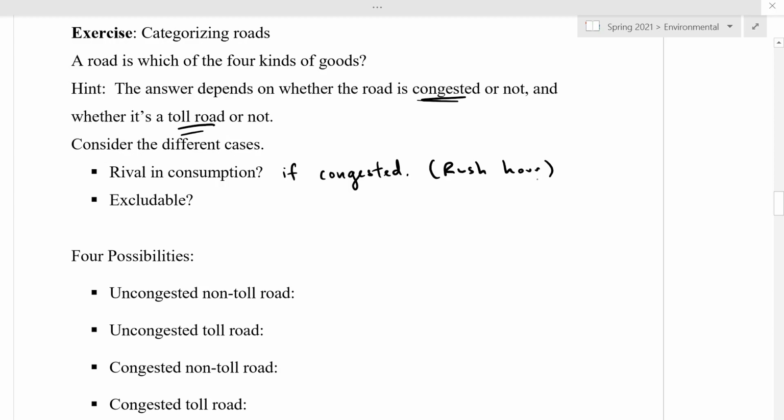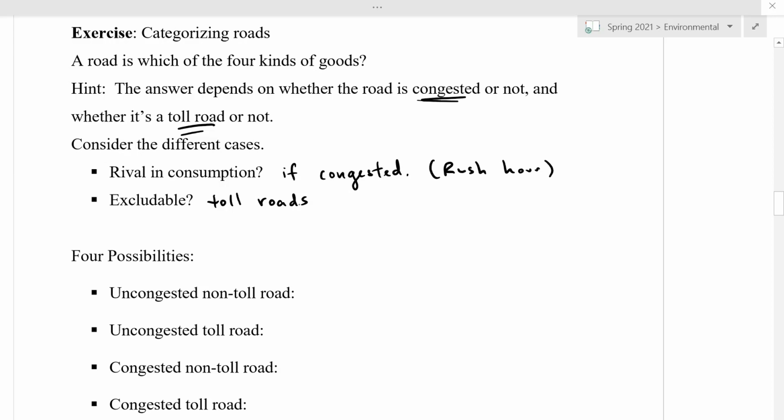But if I'm driving out on some western highway and I'm the only person on the road, me being on the road is not taking away from anybody else's ability to use the road. So roads are only rival in consumption if they're congested or have a lot of traffic. They're only excludable if they're toll roads. So you're paying to be on that road.